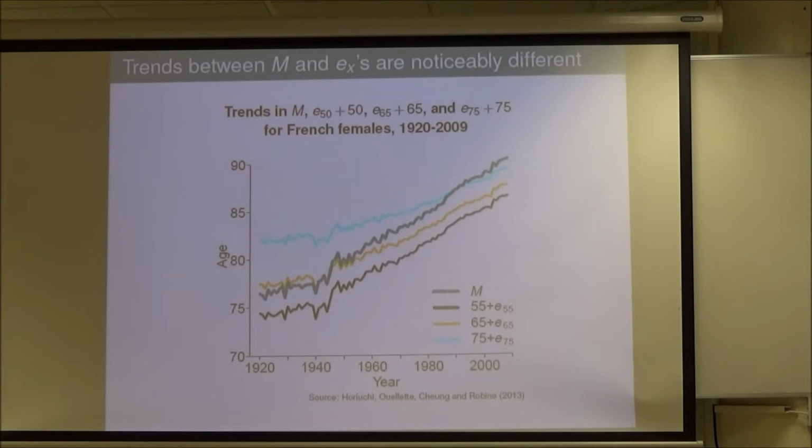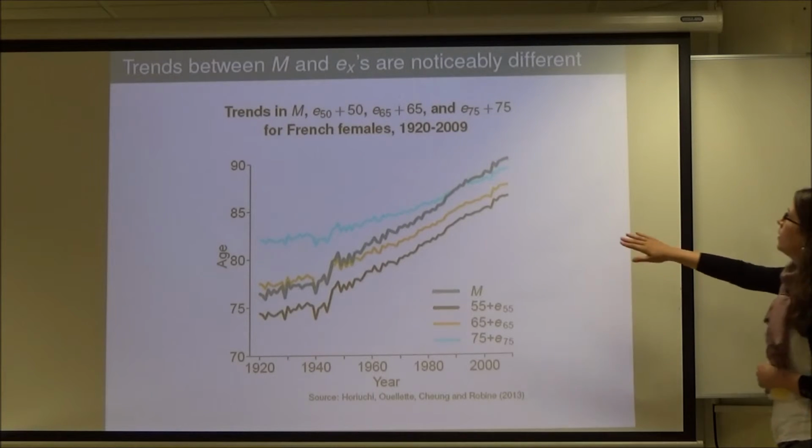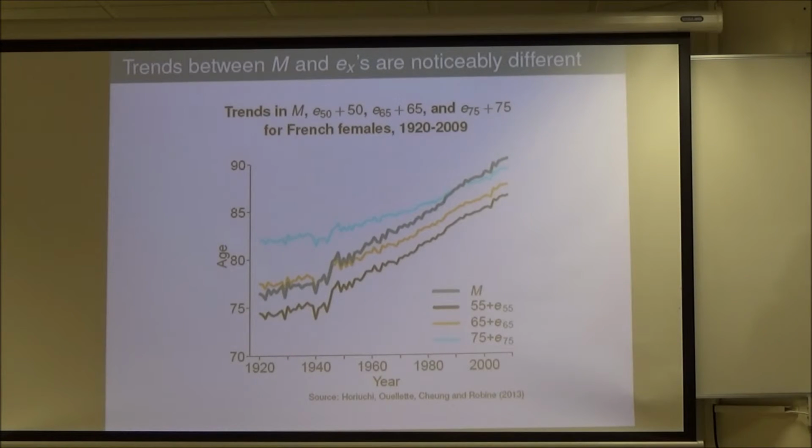So for instance, E75, in pale blue, has a slower pace of increase compared to E65, which in turn has a slower pace of increase than E55. So this reflects the fact that changes in life expectancy at an old age are highly age dependent.